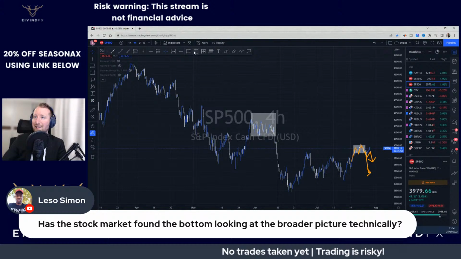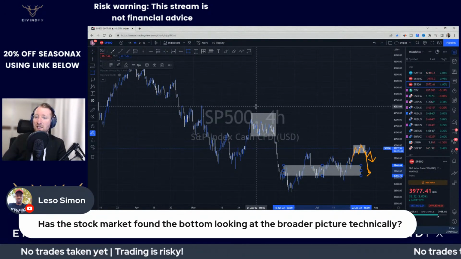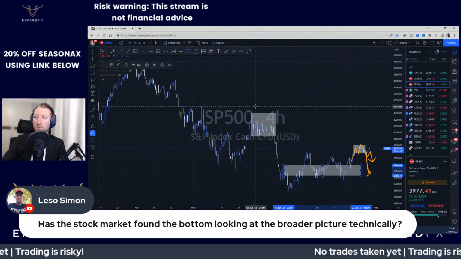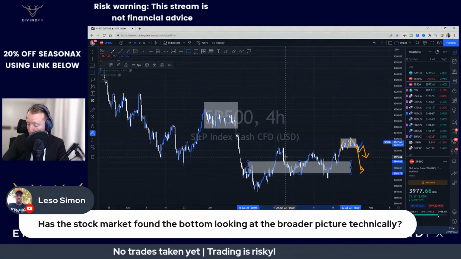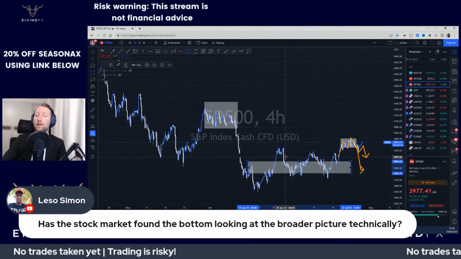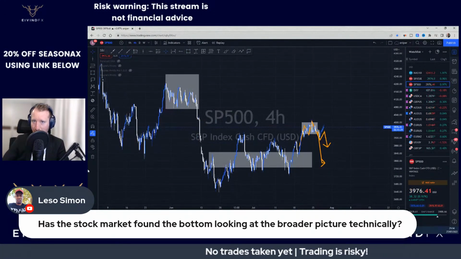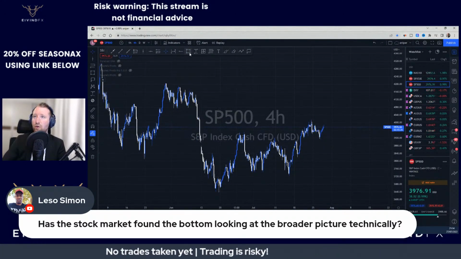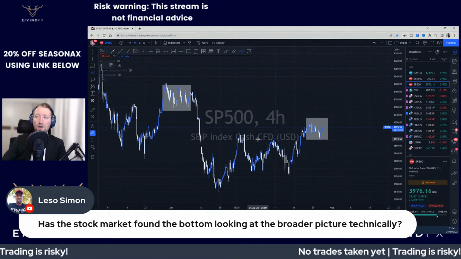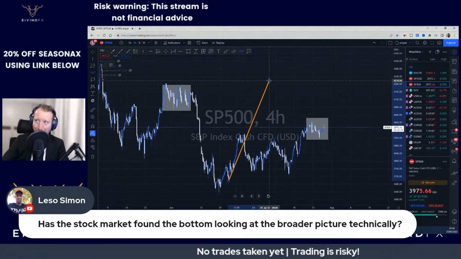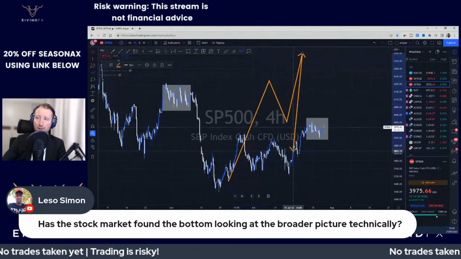Yes, this might be an area to be buying, but it doesn't give me any good feeling of a bullish trend. Though I would love the market to go higher, I beg it to be bullish, I do not see it as bullish at this given moment because of the lack of continuation higher, the lack of nice, beautiful pullbacks and continuation higher.